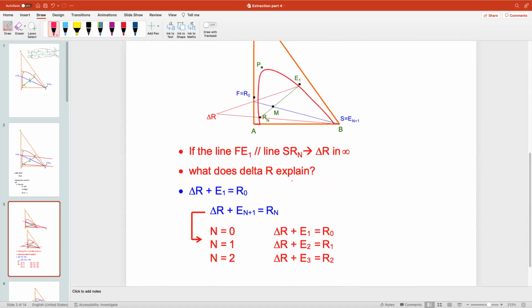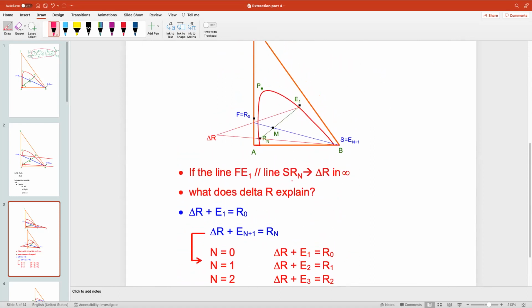Let's say this is the graph that I explained. If you connect the line between E1 and F into one point, delta, we can call this point delta R. Here we also connect the points from S and Rn into delta R.